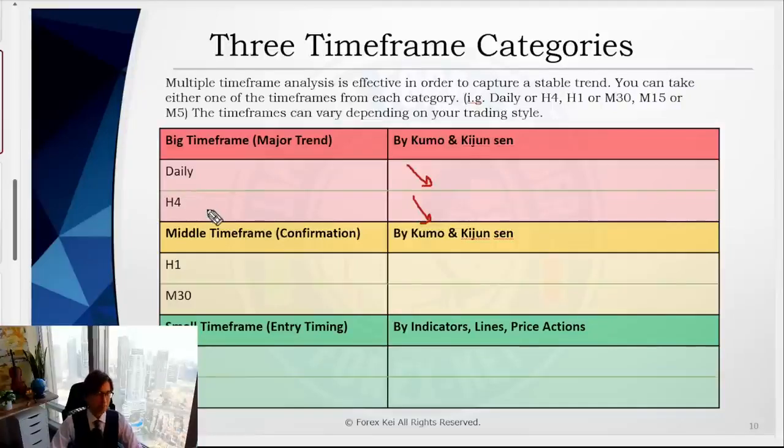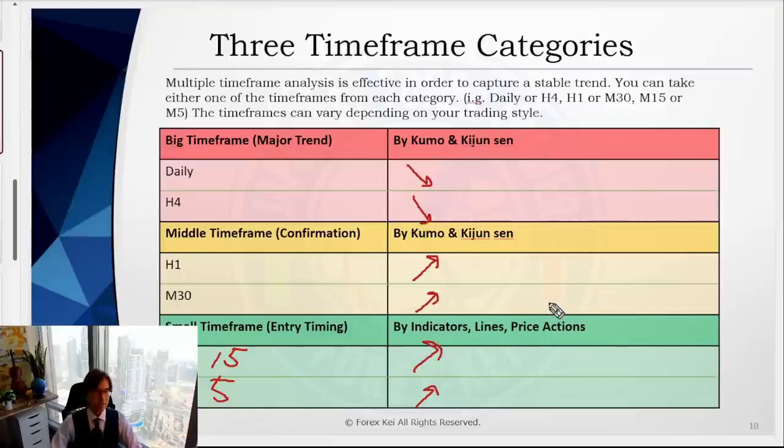But what if the lower time frame is retracing back when you are about to sell? Let's see if 1 hour is up or 30 is up. And if 1 hour and 30 are up, that means M5 — sorry, this is M15, this is M5 — most likely M5 is up, and M15 is also up.